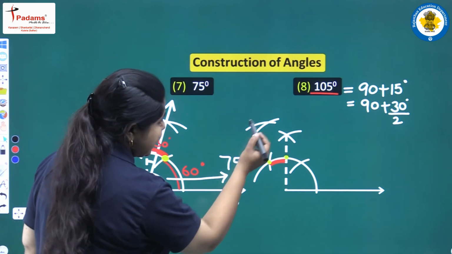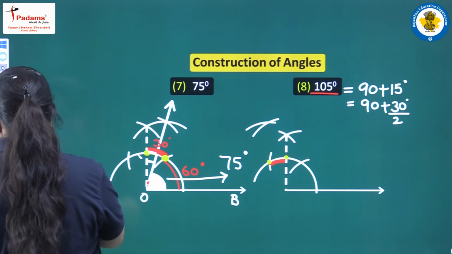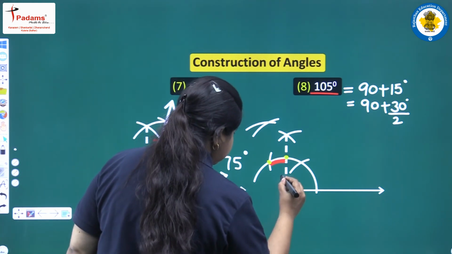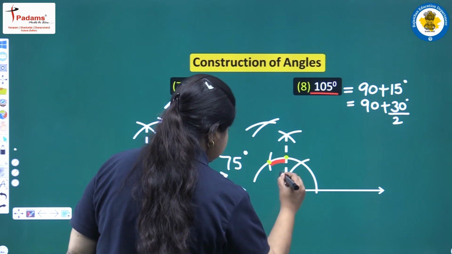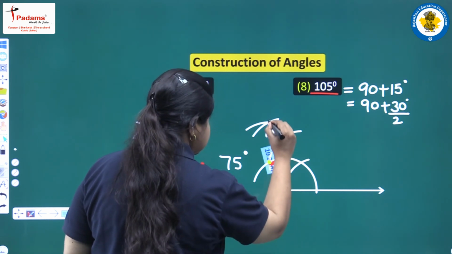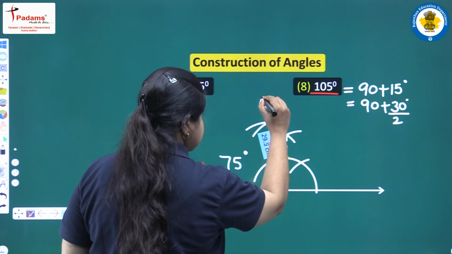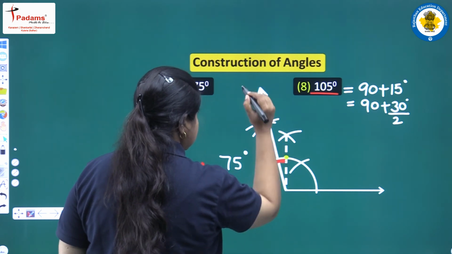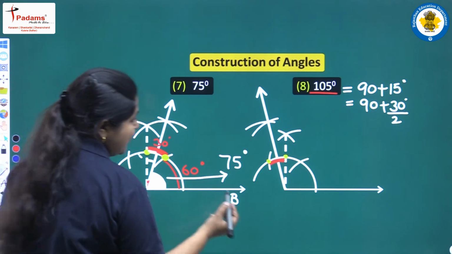Yes, now we get this point of intersection, and simply now join these 2 points. From here we will be joining it to this point of intersection, and with this we get an angle of 105.